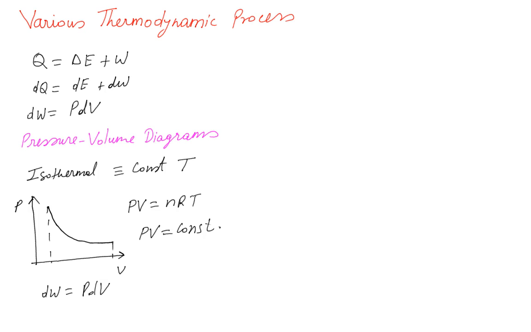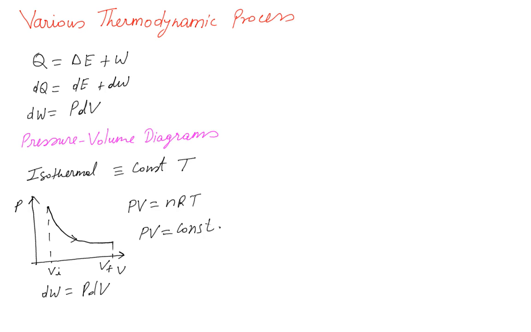If you want to calculate the work done going from V initial to V final, let's say there's an expansion going on, the volume is changing. Either there can be expansion or contraction, you can go this way or the other way around. So let's assume you are expanding.